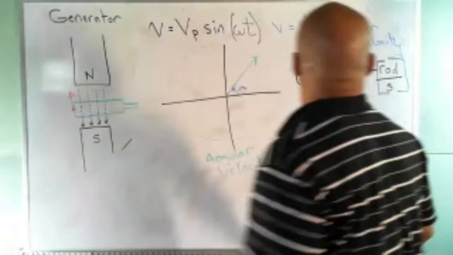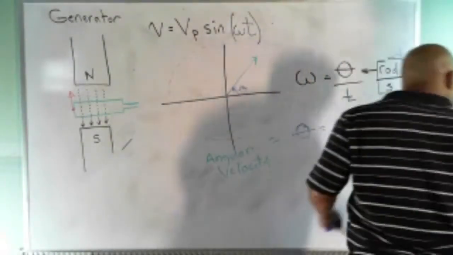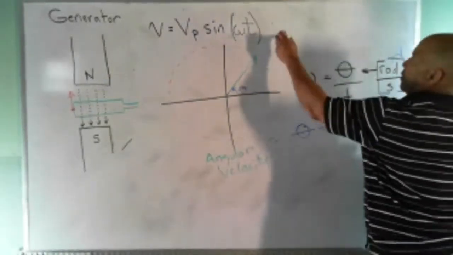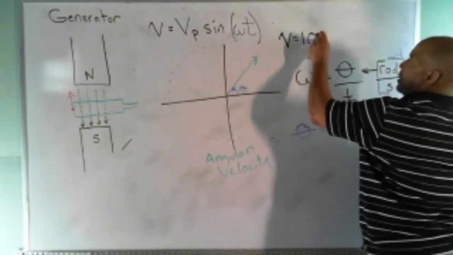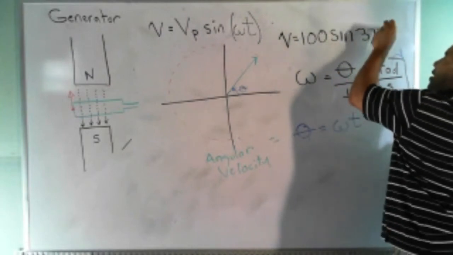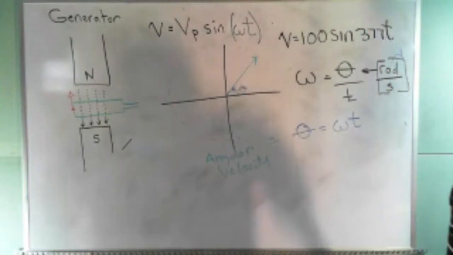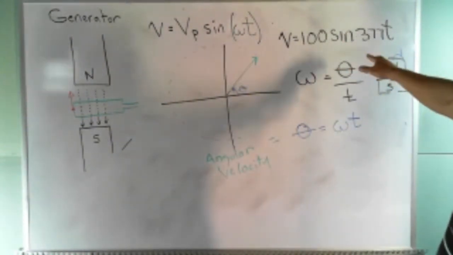I might give you an expression that says that this generator is 100 sine 377t. So what if I gave you that? What information can you get from it?